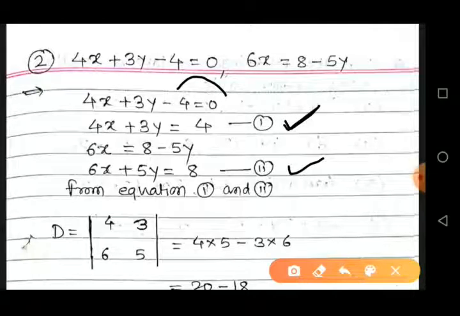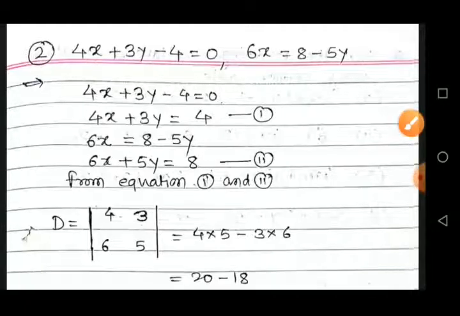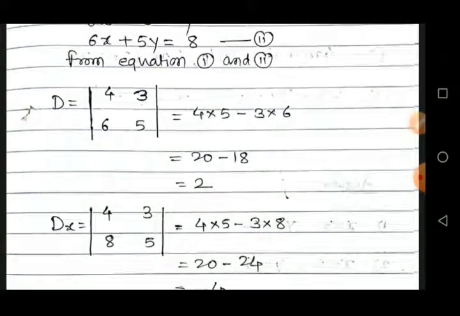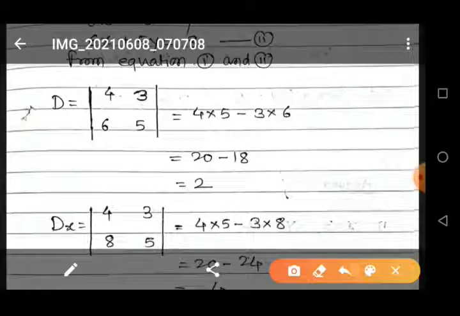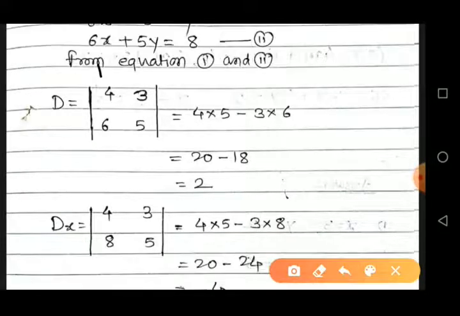Now we have to think about only equations 1 and 2 for collection of the coefficients a1, a2, b1, b2 and the constants c1, c2. Now I am preparing the determinant D. D is equal to, column 1 means a1, a2, and the values of a1, a2 are here 4, 6, and column 2 means b1, b2, 3, 5.